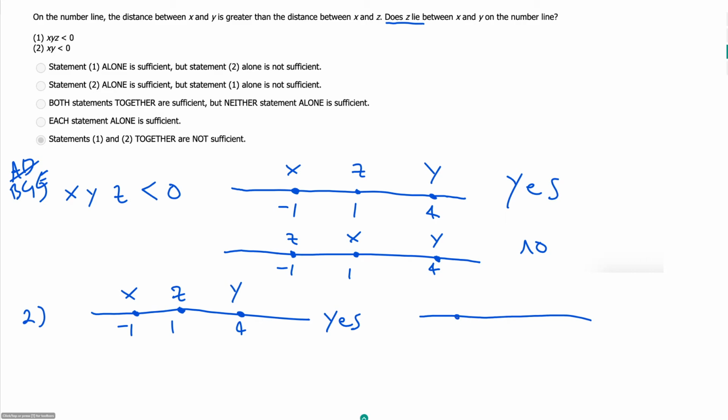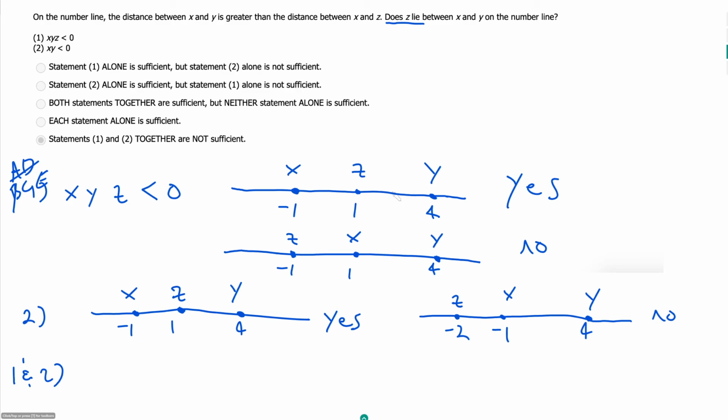So if I say now z is at -2, x is at -1, y is still at 4, then x times y is still less than 0, and the distance between x and y is still greater than the distance between x and z. And now I have a no to my question. So that's insufficient.